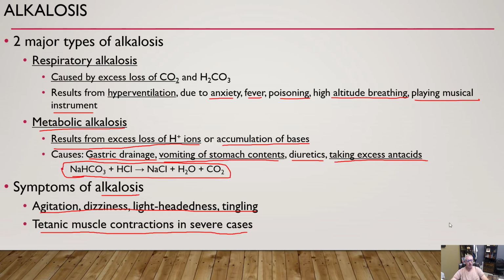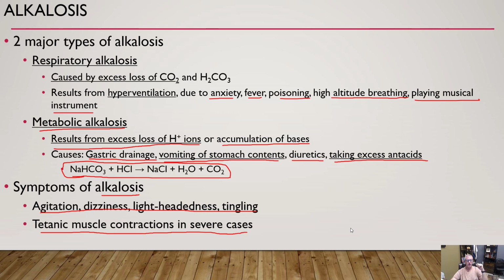But the bicarbonate ion binds to the hydrogen ion in the stomach fluid, neutralizing the acid, and it's going to raise the pH. And this is metabolic alkalosis. And remember, when we compensate, we're going to compensate a metabolic condition through the respiratory system.